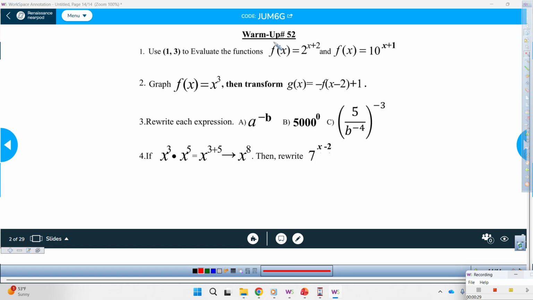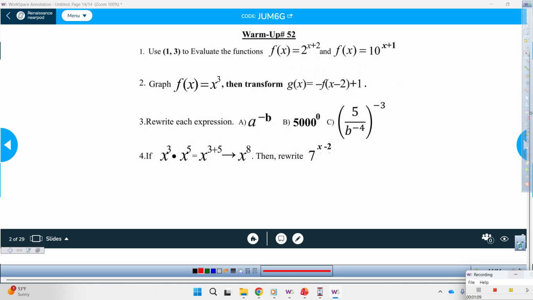Number 1, it says use 1 to 3 to evaluate the function. Question, do we include 1 and 3? No, so what number am I going to use? 2, that is correct.